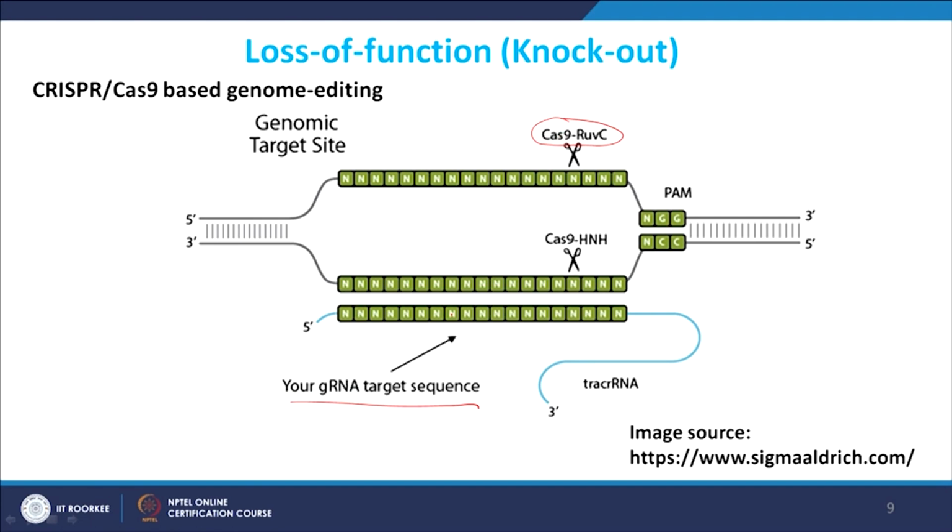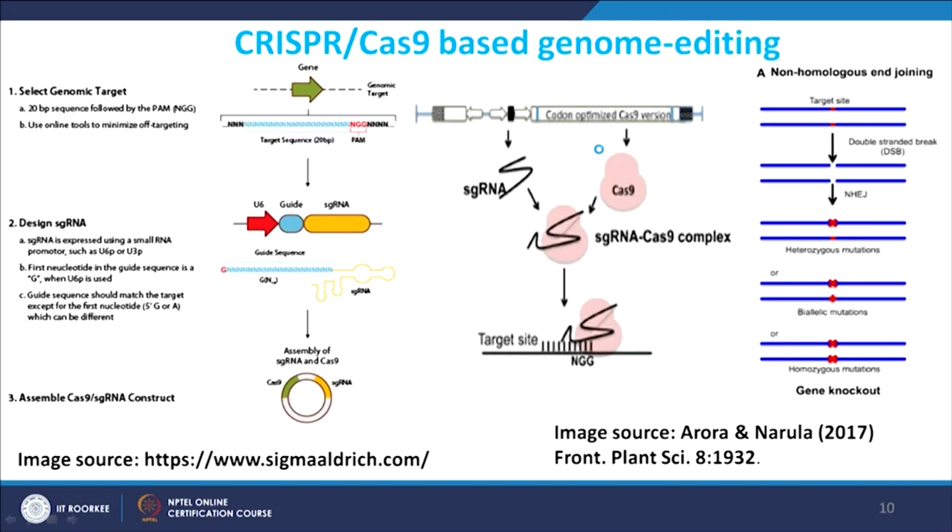So you can design a very targeted guide RNA, and then you express this guide RNA along with the Cas9 protein. Maybe that will be clear here. Let's assume this is your gene and you want to edit, to disrupt this gene. You can choose a target sequence typically here, and there is one requirement which is called the PAM sequence.